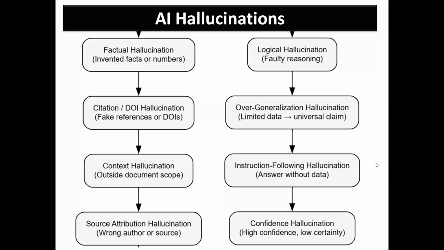Invented facts or numbers. In AI chatbots, you can try it. For example, COVID-19: if we assume that COVID-19 started in early 2018, although it actually started in 2019, not before that time.